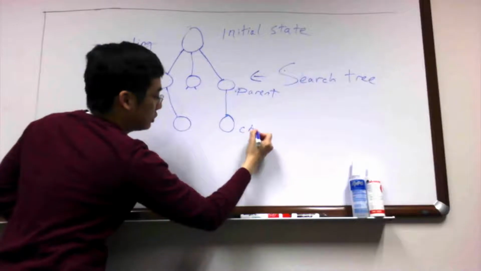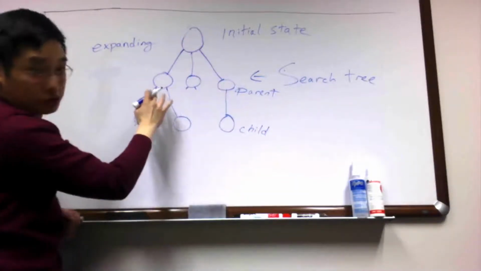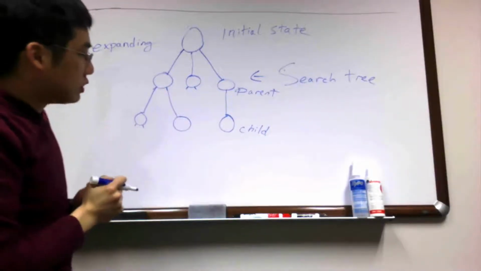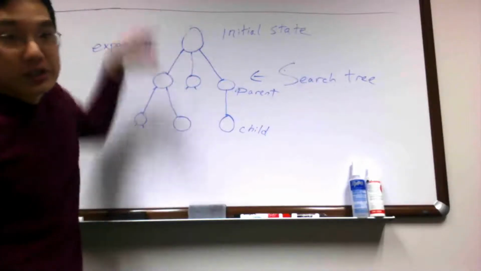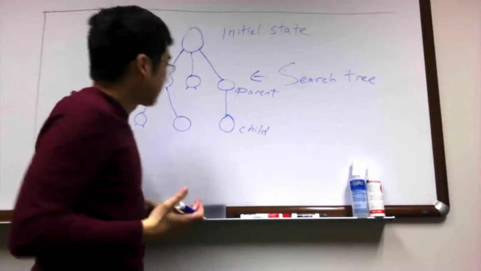This is a child, and here this is a parent, and these are the children of the initial state, and so on. So we can think about ancestors and descendants, just like in standard tree analysis.